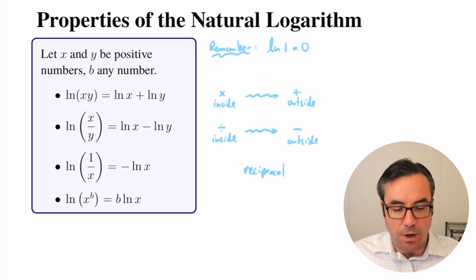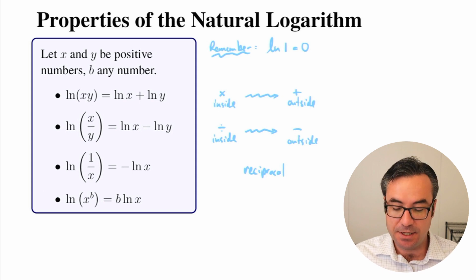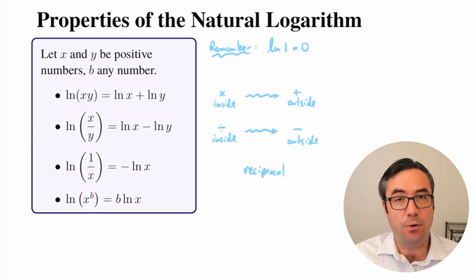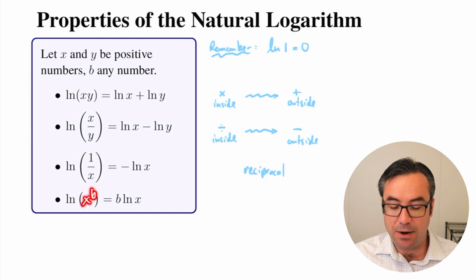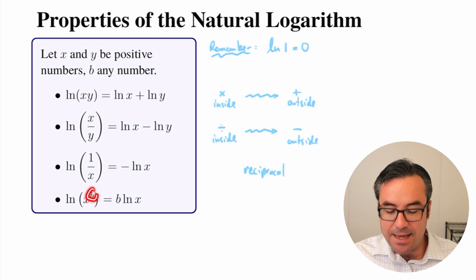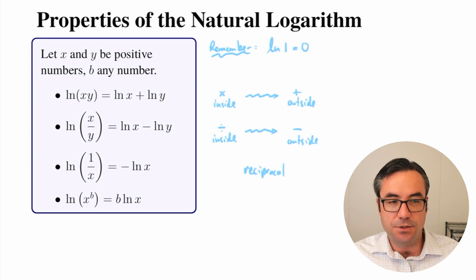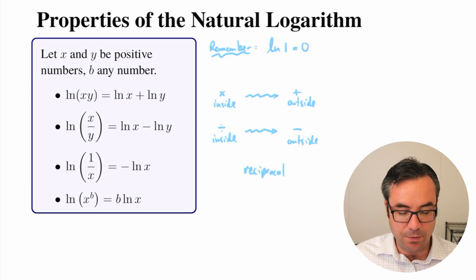And then this last one tells us what to do with exponents. If we have a number getting raised to a power, so x raised to the power b, inside of the log function, we can take the exponent and bring it out in front of the natural log. So this one tells us what to do when we have exponents.